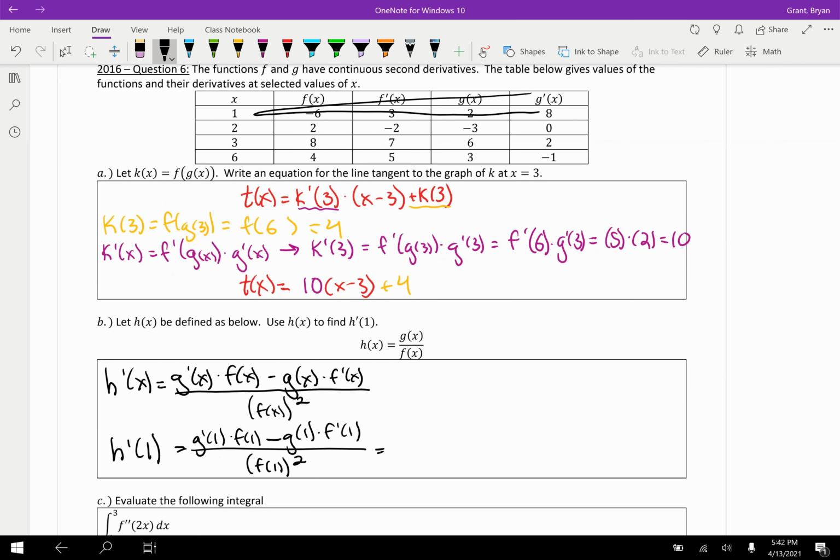G prime of 1 is 8. And then f of 1, I always use parentheses here, so that way you don't drop a negative anywhere. Sometimes if you drop the parentheses, then it means something different than what you were trying to convey, and bad things happen. G of 1 is 2, and f prime of 1 looks to be 3, all over f of 1, which we already found is negative 6.